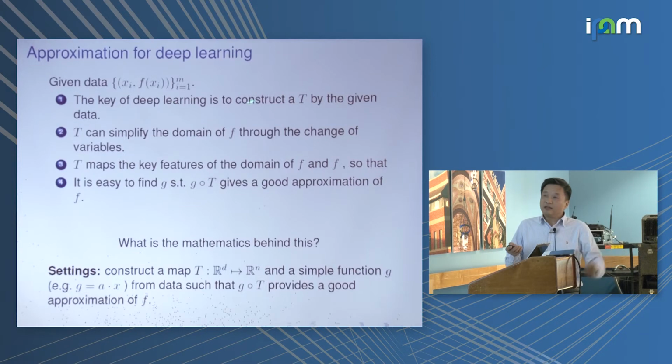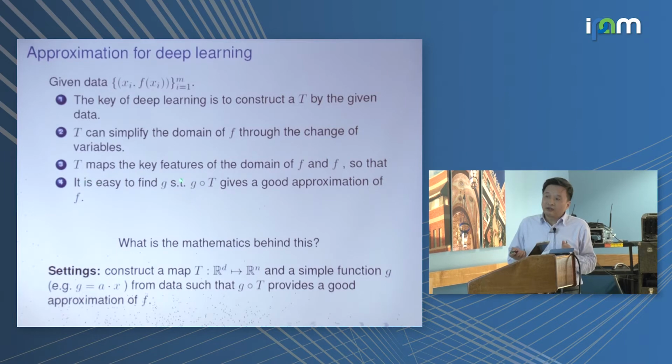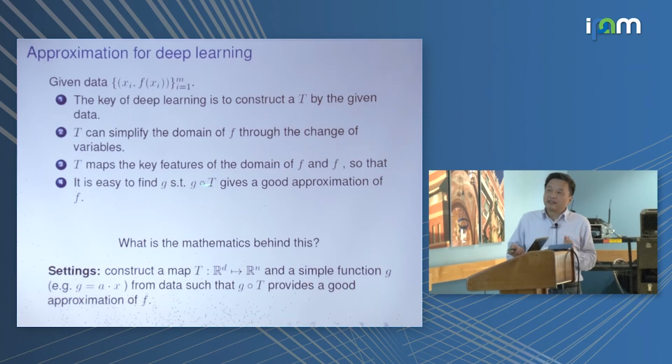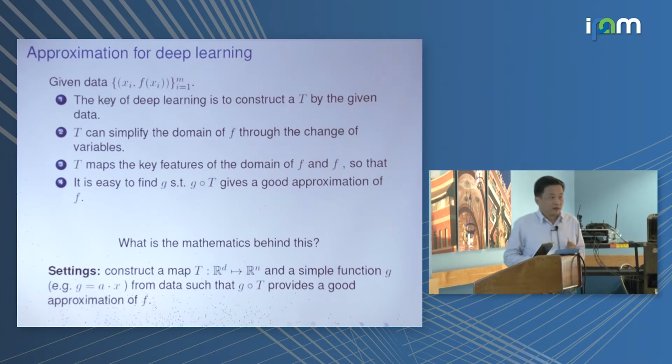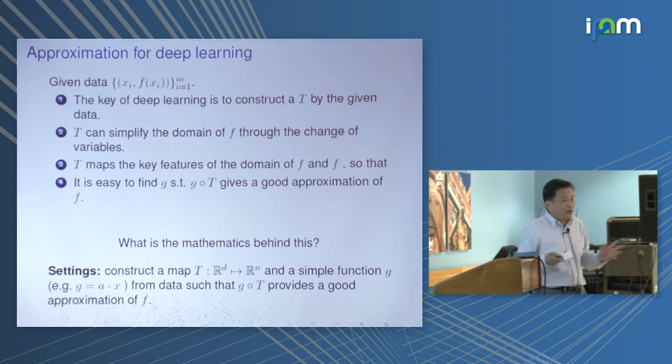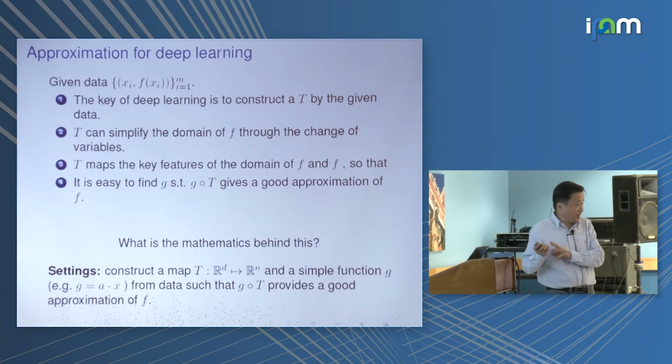If you are in deep learning, this is your label: x_i, f(x_i). So the key in deep learning is to construct T, so that T simplifies the domain through a change of variable, and T maps key features of f and the domain of f, so that it is easy to find G such that G composed with T gives a good approximation. We can see all kinds of learning schemes are basically doing this kind of thing.